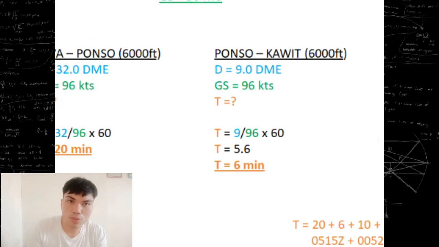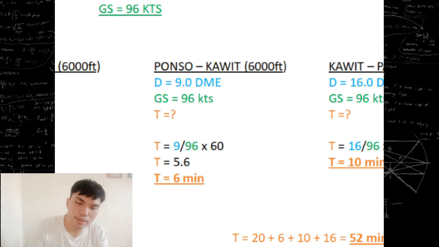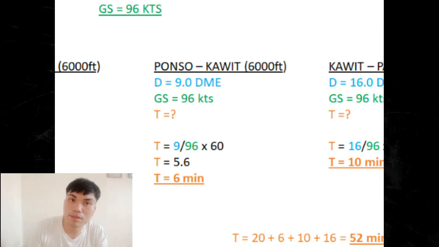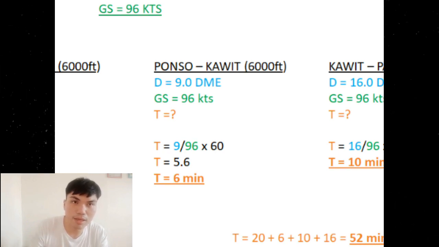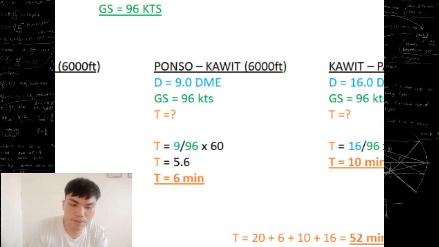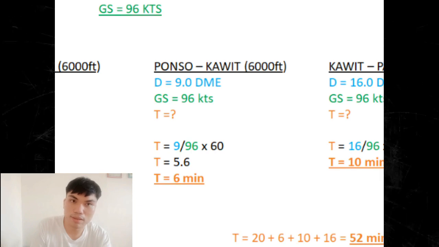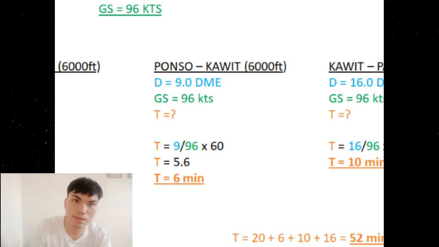Next is Ponso to Kawit. That's 6,000 feet. By the way, RPVA to Ponso is also 6,000 feet from the initial climb. Just reminding. So the distance between Ponso to Kawit is 9 DME. And the ground speed is 96 as well. So it's gonna be constant, I guess.